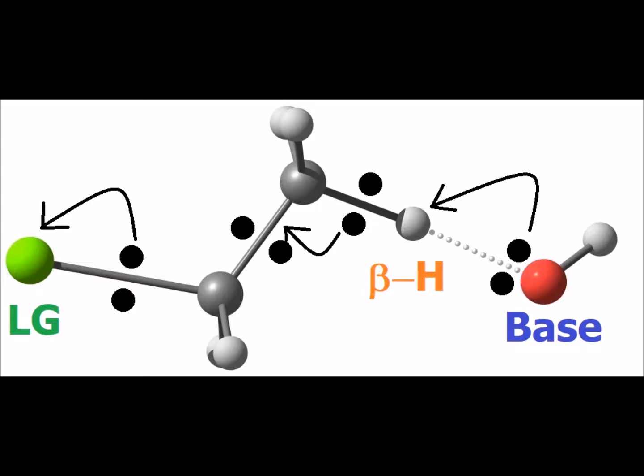Then in the middle, we have the pair of electrons connecting the beta hydrogen to the beta carbon move in to add to the carbon-carbon single bond to make it a double bond. And to the left, we have the pair of electrons leaving with the leaving group chloride as it departs.